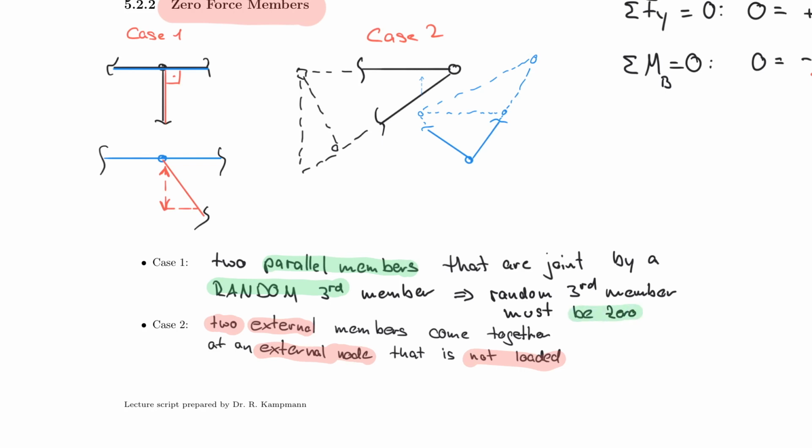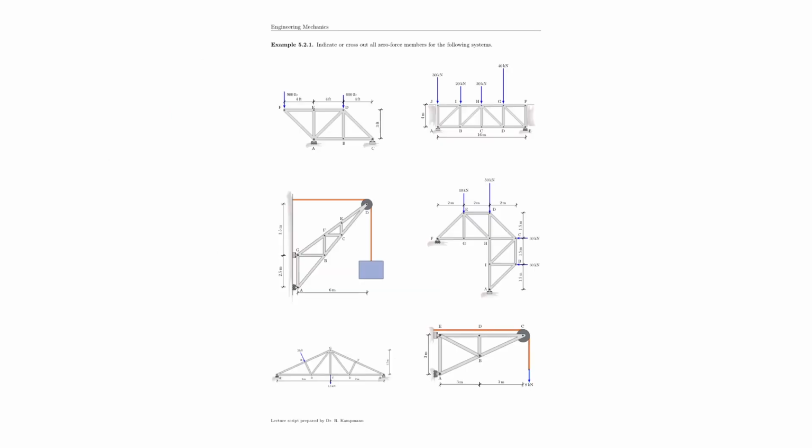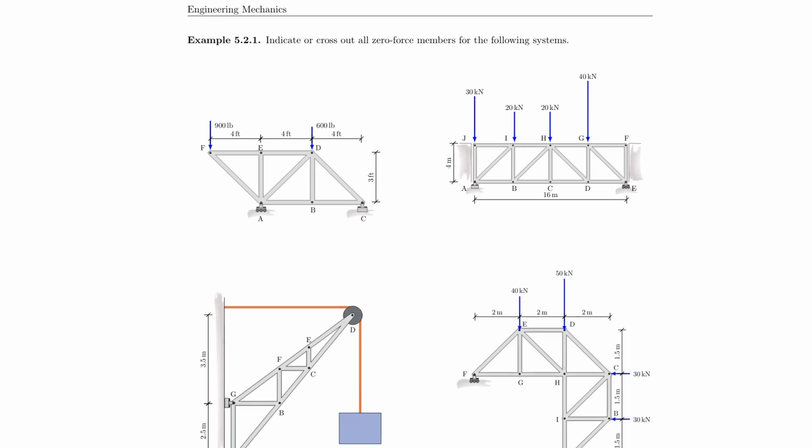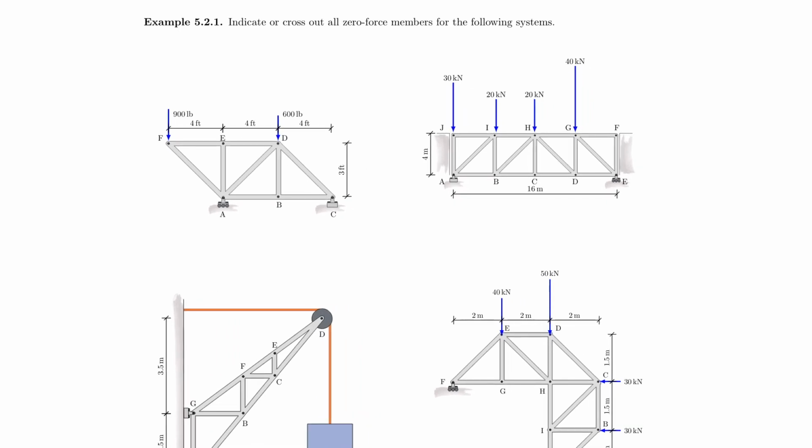You can use this now to pretty much analyze systems before you actually run any numbers, and this can become helpful, as you will see on the next page. So let's look at these systems here. It's a very straightforward exercise. All we're asking you is to find all zero force members before you even start your calculations.